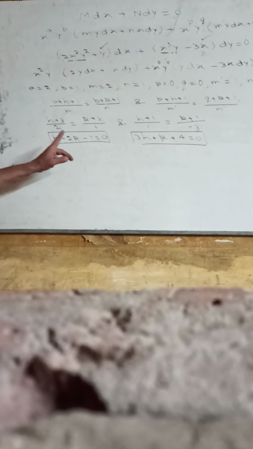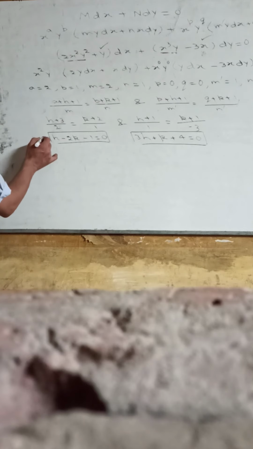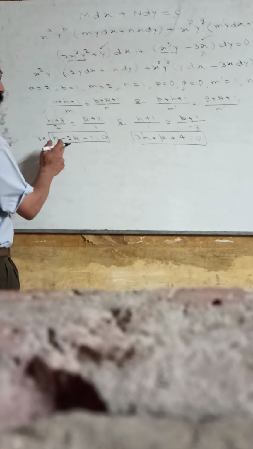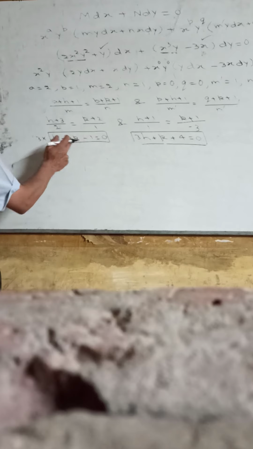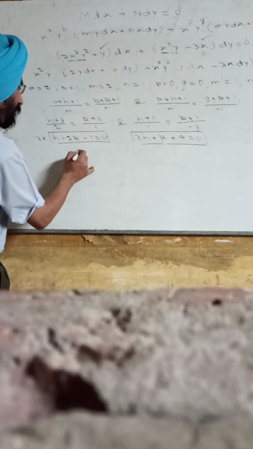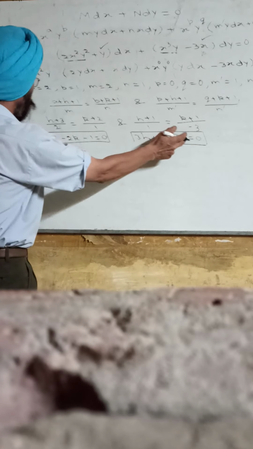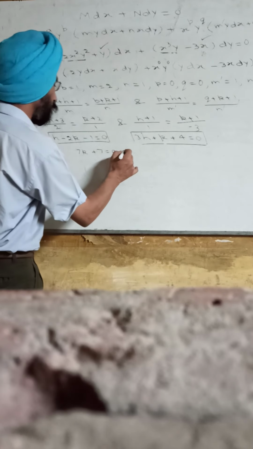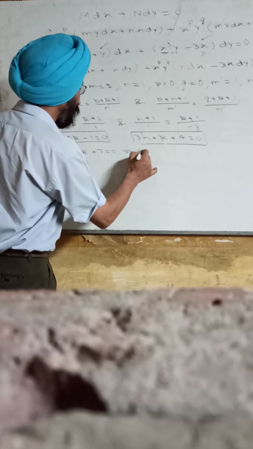Now what we have to do? We have to solve these two equations. If you multiply this equation by 3 and subtract this equation from this, 3h will be cancelled out. You will get k plus 6k, that means 7k, 4 plus 3, that means plus 7 is equal to 0, giving k is equal to minus 1.